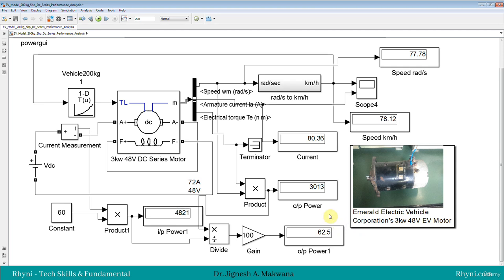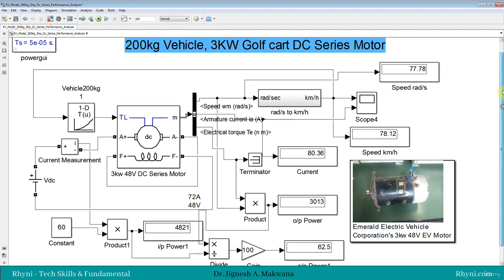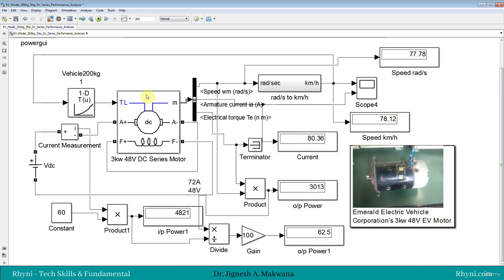So this is how simply you can measure the output power, input power and efficiency within the simulation, right? There are so many limitations and assumptions we have made in simulation, but you can observe plus or minus 3 to 5% variation in real if you use the proper cooling arrangement for the motor as well as the controller.